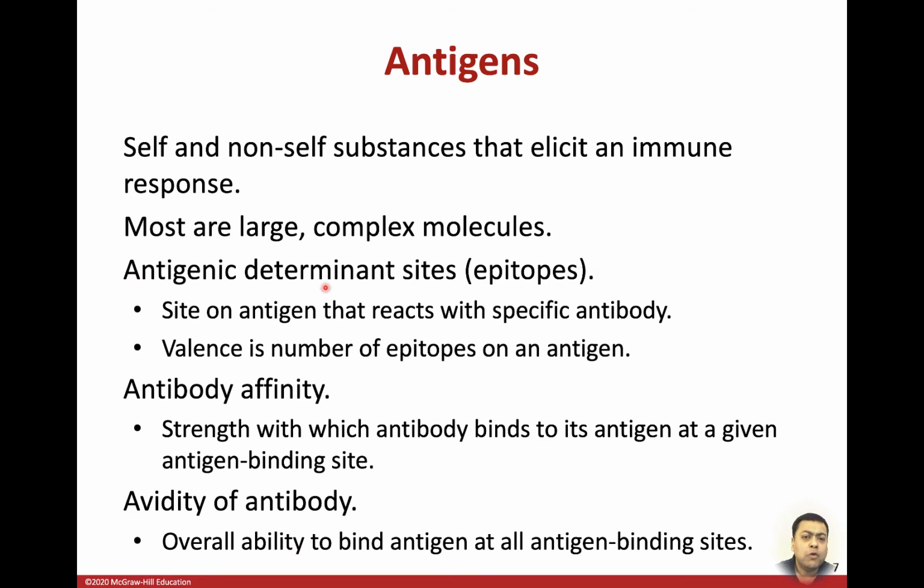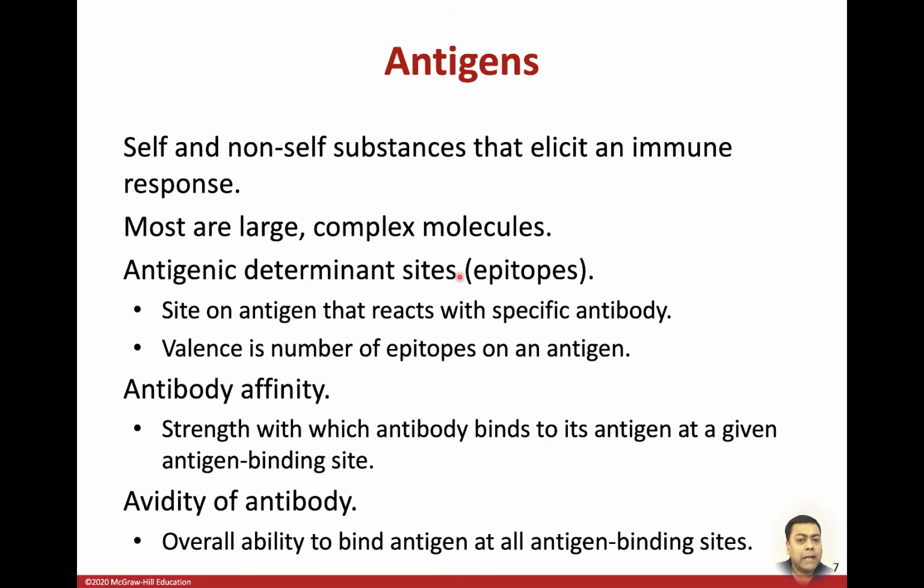Suppose you have a monovalent antigen which has one binding epitope. You don't care about that at all because it has only one binding site. But suppose you have an antigen which is trivalent, meaning there are three binding sites, three epitopes, on that specific antigen.